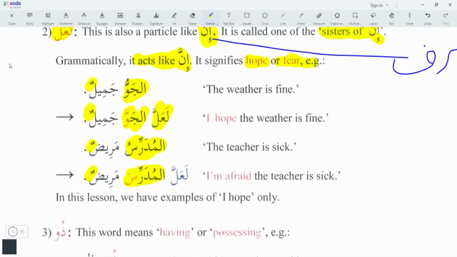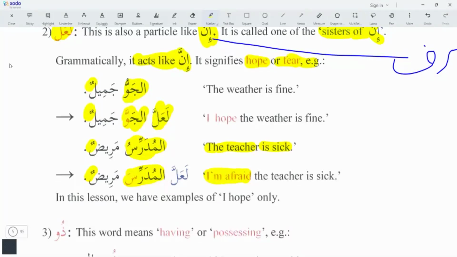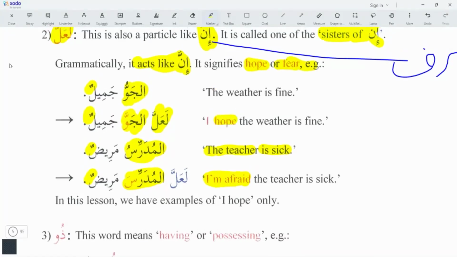Al-mudarrisu maridun, the teacher is sick. And after using la'alla, I am afraid: la'allal mudarrisa maridun, I am afraid the teacher is sick. So it is used for hope and for fear. We can use it for these two purposes.